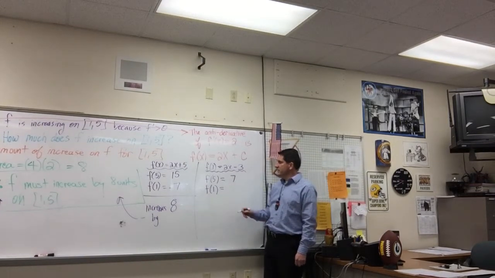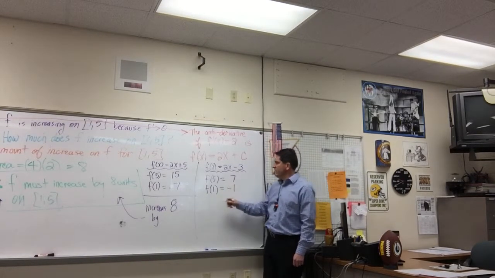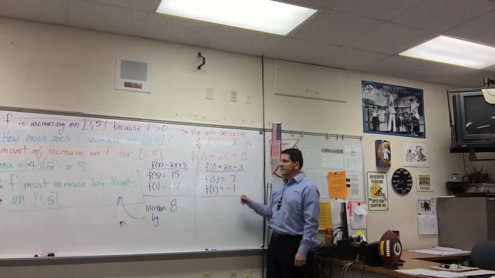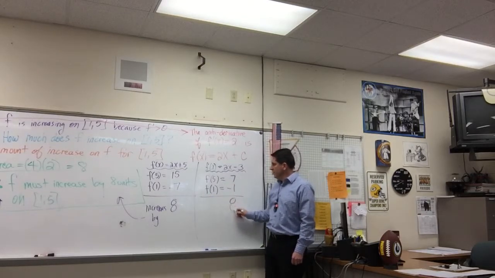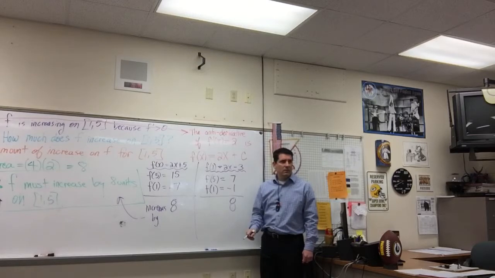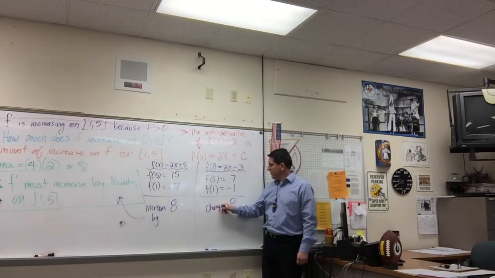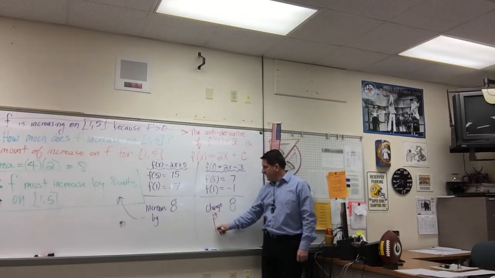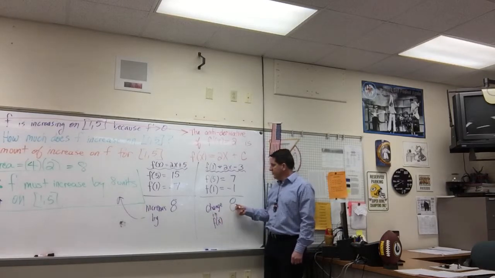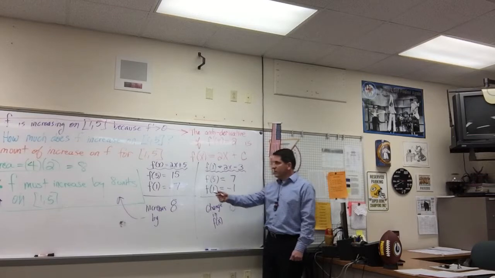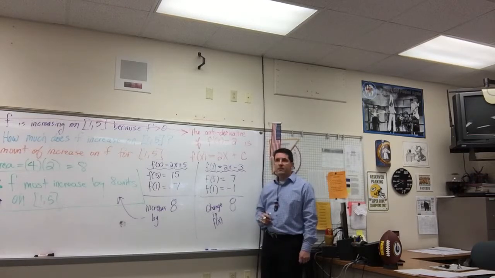What's f of 1? Negative 1. Subtract, 7 minus negative 1. 8 units. So the change in f of x on the interval from 1 to 5 is 8.